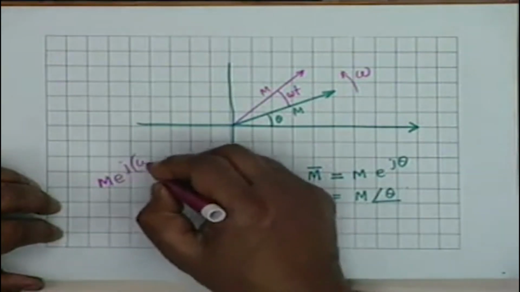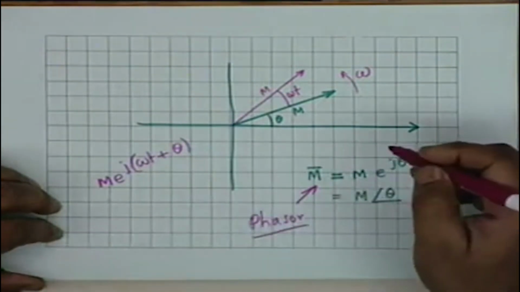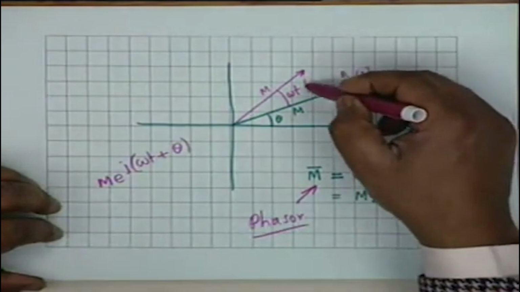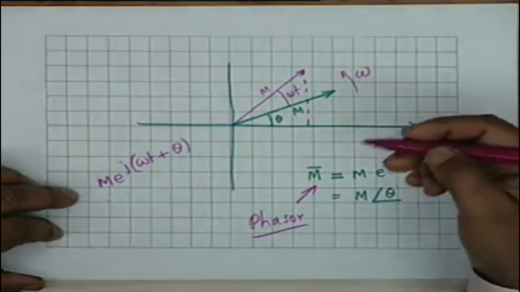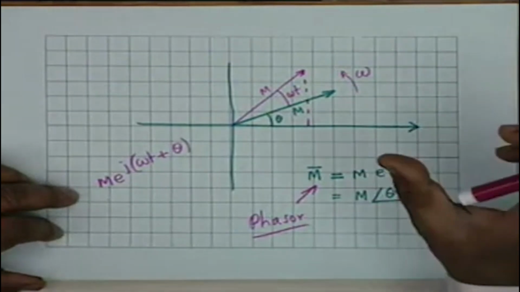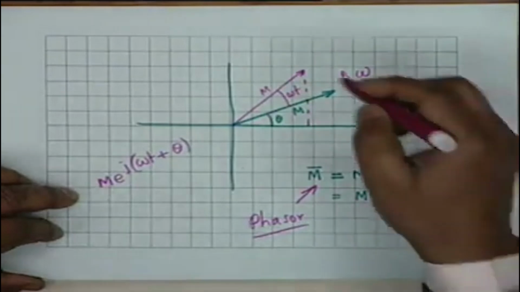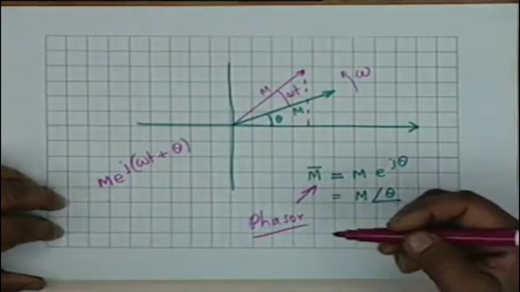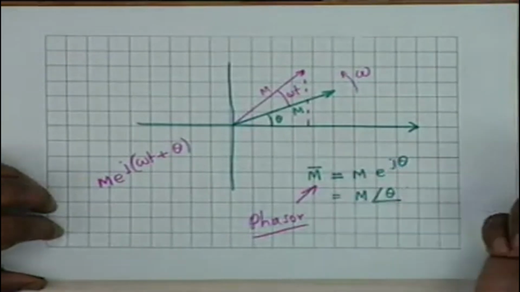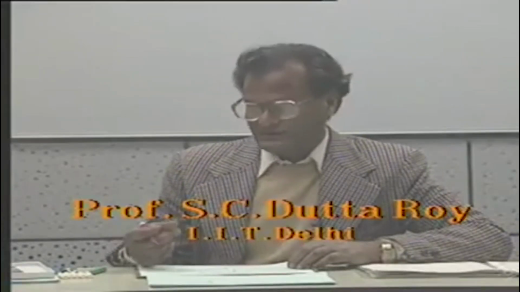e to the power j omega t plus theta, and you see that its projection on the real axis is M cosine omega t plus theta, which is our familiar sinusoidal voltage or current, and its projection on the imaginary axis is M sine omega t plus theta, which also can represent a sinusoidal voltage or current as generated by an alternator in the laboratory.